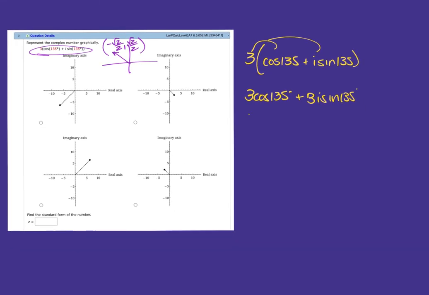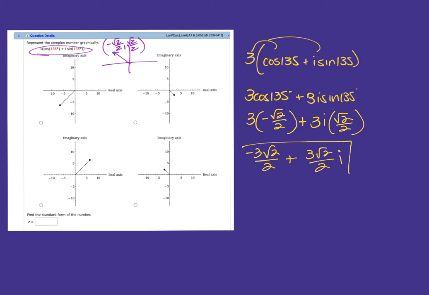And then you know the cosine at 135, we just said is negative root 2 over 2. And then the sine there, 3i root 2 over 2. And then you would just push the i to the end. So this becomes negative 3 root 2 over 2 plus 3 root 2 over 2 i. So the i should be the last thing that you type in, and that's the format of your answer.